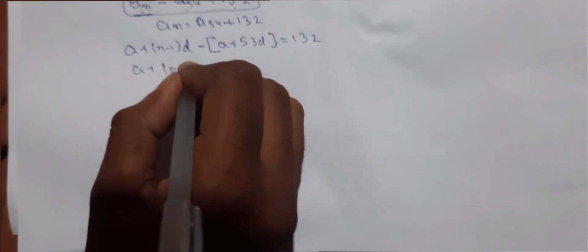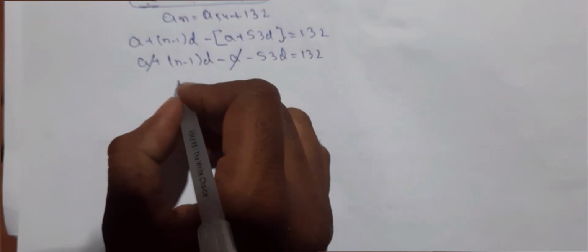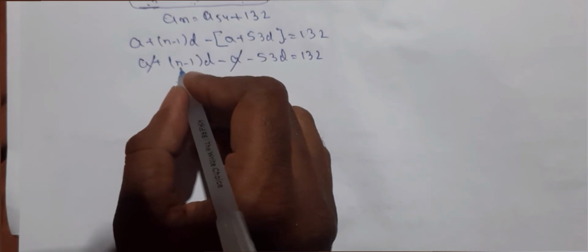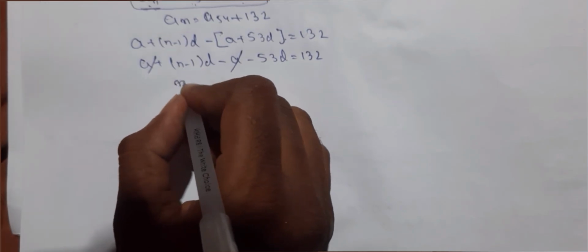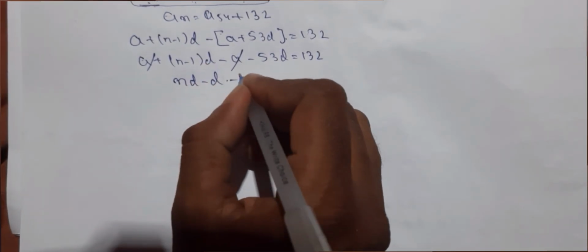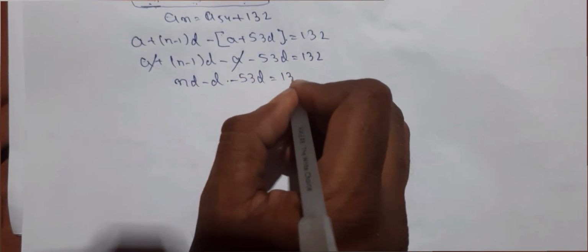Now solve a plus n minus 1 d minus a minus 53d is equal to 132. Yes sir, so a minus a cancelled. So this is nd minus d. When we solve this, minus 53d is equal to 132.